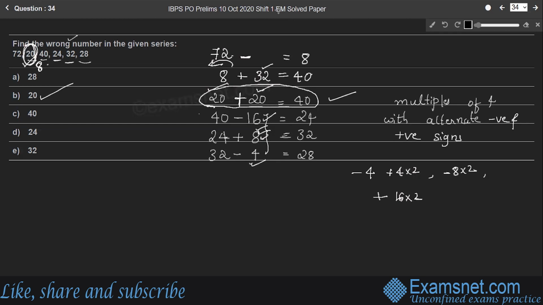It should be 32 into 2, which is 64 with a negative sign. That means the number should be subtracted, right? 72 minus 64 gives 8. So we are following the right rule here and the answer is verified. Therefore, the wrong number is 20, option B.